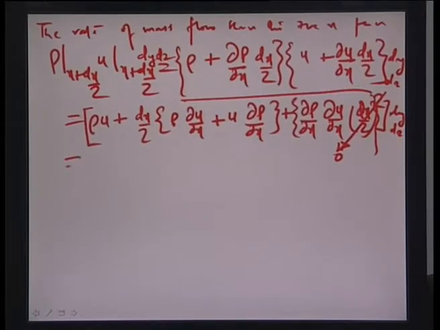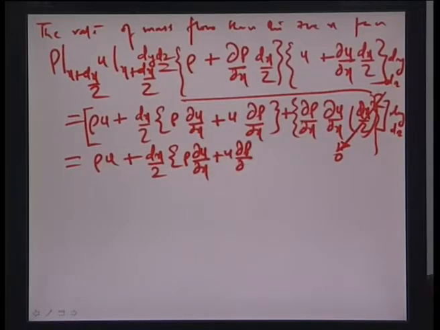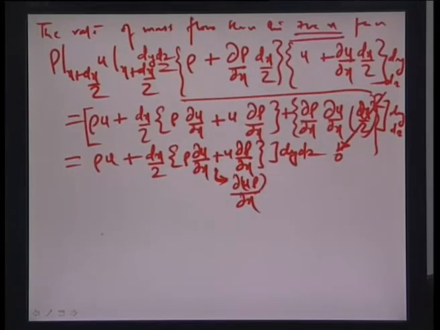And so, we are left with the equation rho u plus dx by 2 times rho du by dx plus u del rho by del x, times dy dz, and this is nothing but del rho u by del x. This basically comes from the differentiation of a product formula. Okay. So, that is what the mass flow rate is towards the positive x face.